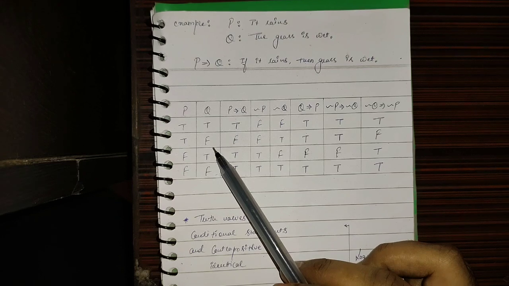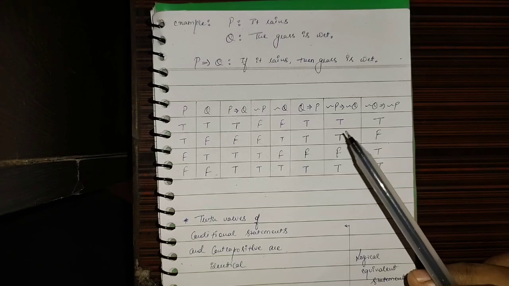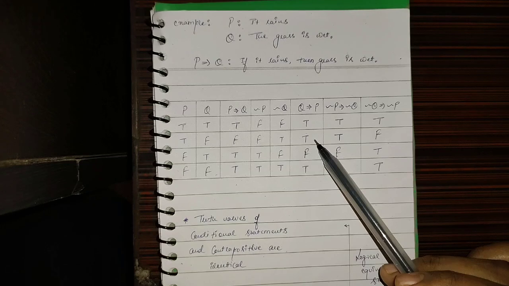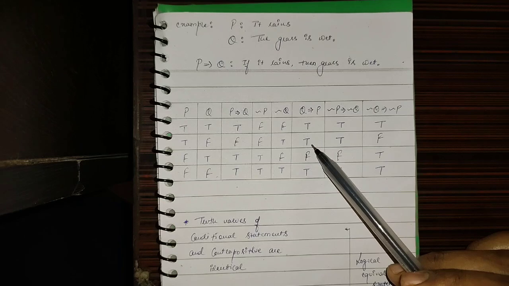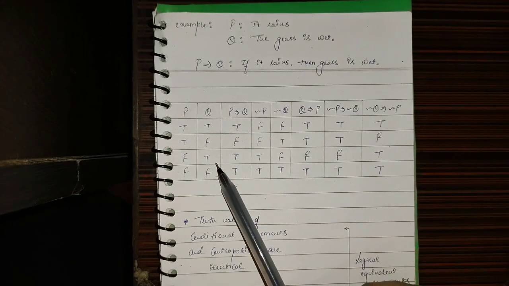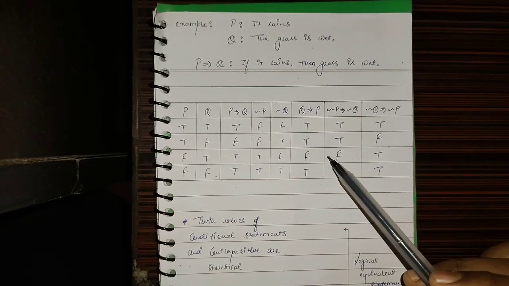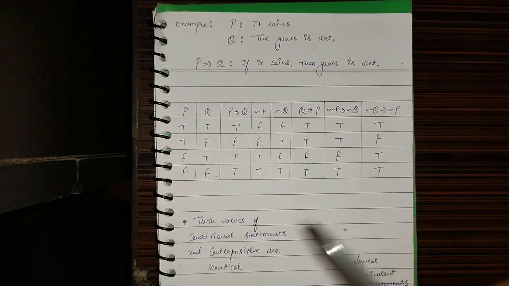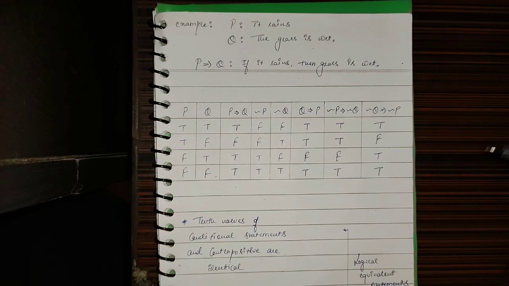When the hypothesis is false but the conclusion is true, we have already seen that the statement would be true. When the hypothesis is true but the conclusion is false, Q implies P would be false, and when both are false, it would be true. Similarly, we can write for the inverse and contrapositive.